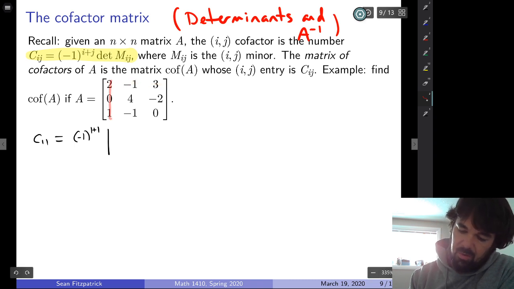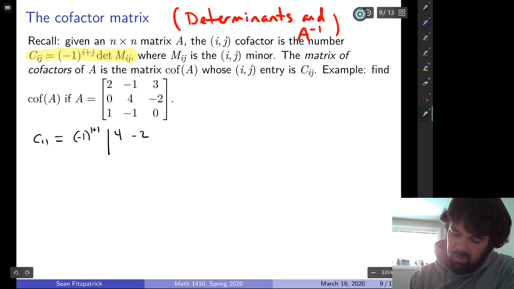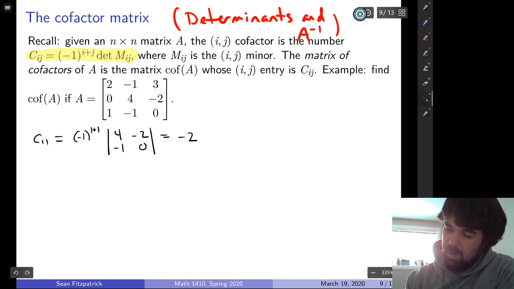If we delete that row and that column, I'm left with 4, minus 2, minus 1, 0. 1 plus 1 is even, so this is just going to be plus 1. 4 times 0 is 0, minus 2 times minus 1 is 2. So 0 minus 2 gives me the minus 2.